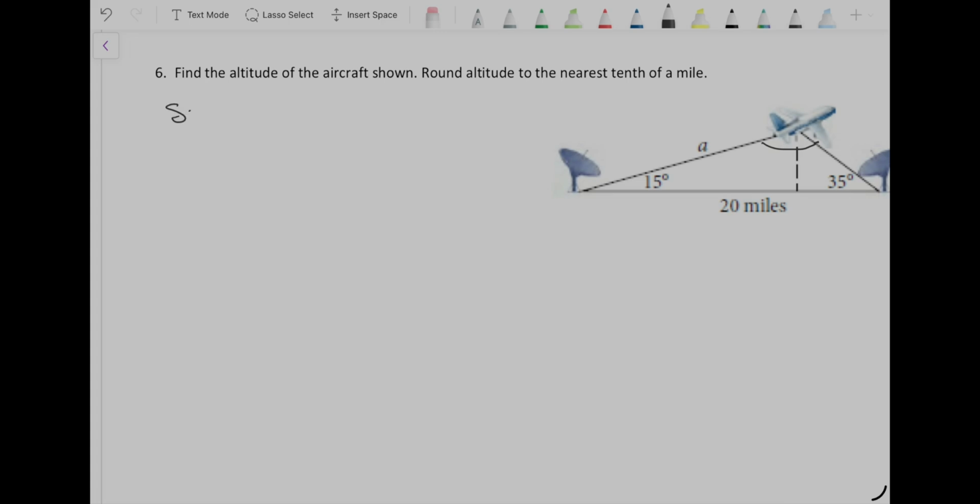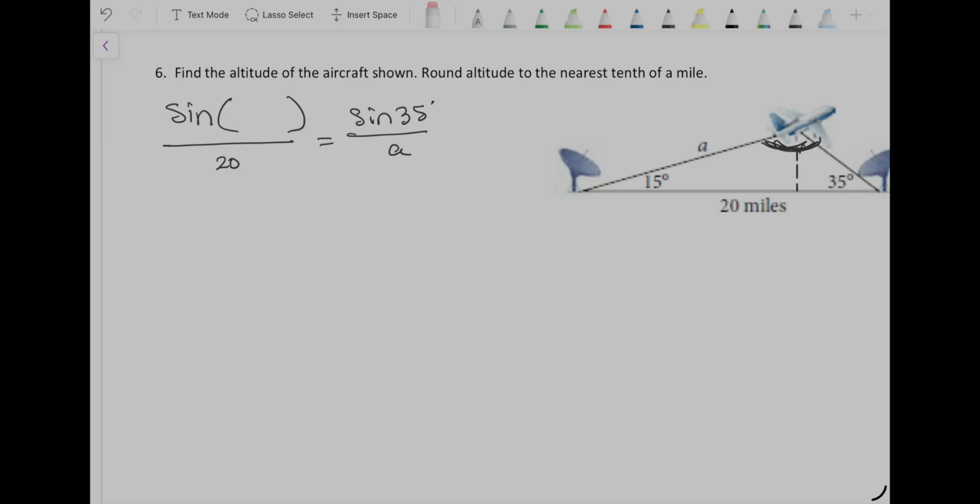Sine of angle, I'll just say gamma, over 20 miles is equivalent to sine of 35 degrees over side a. Now, I do know that angle because all the angles in the big triangle have to add up to 180 degrees.